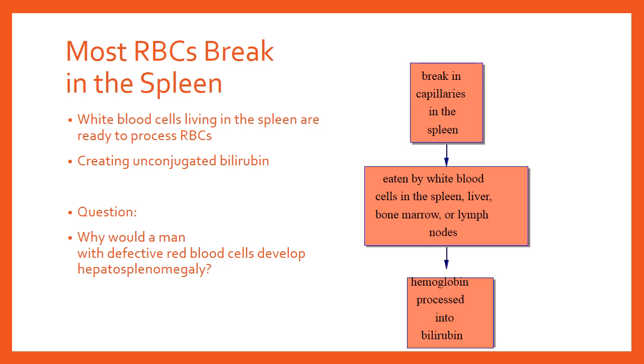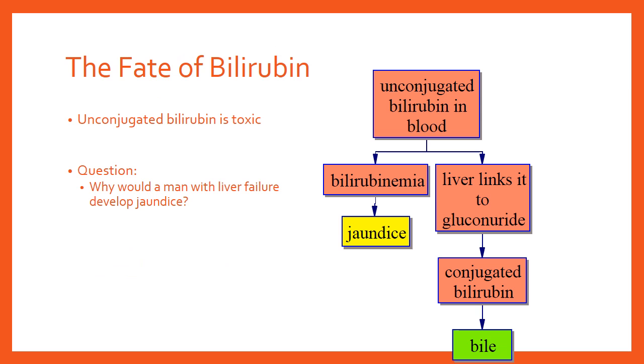But the main site of processing is the spleen, and red blood cells turn into unconjugated bilirubin, which is in turn processed by the liver, and iron is reused. Of course, we are not losing much iron through the processing of bilirubin.